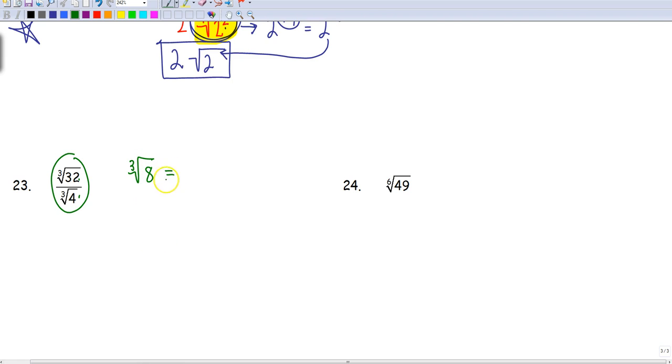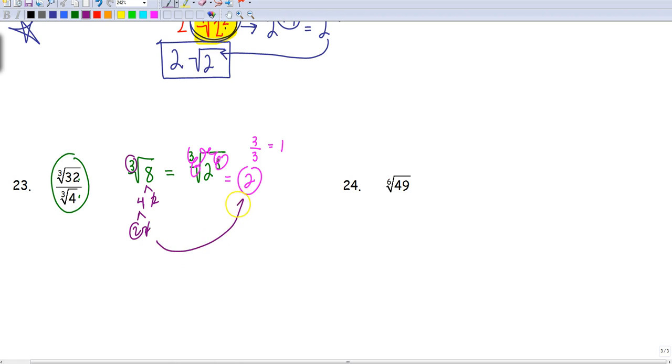And you can do your factor tree if you'd like, or you can look at it like this. 8 is 2 cubed, and then these guys are just going to cancel out, because 3 divided by 3 is 1. Exponent divided by index. You just get a 2. If you don't like that and you're like, Miss Bramer, what are you doing? Just do your factor tree. You're looking for groups of 3. 1, 2, 3, and the 2 comes out.